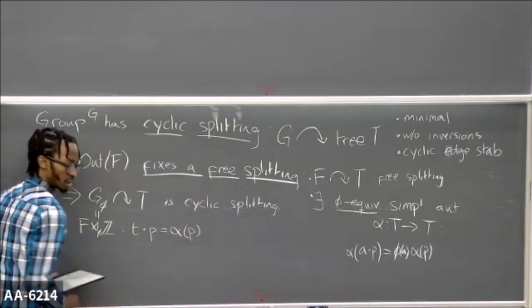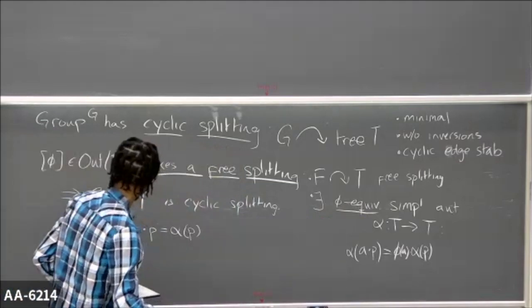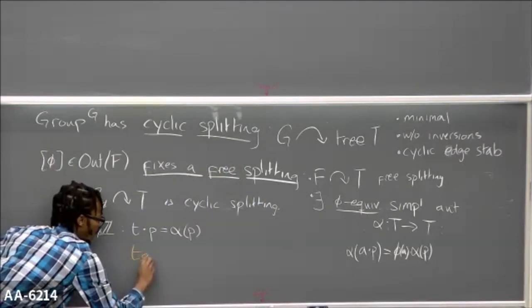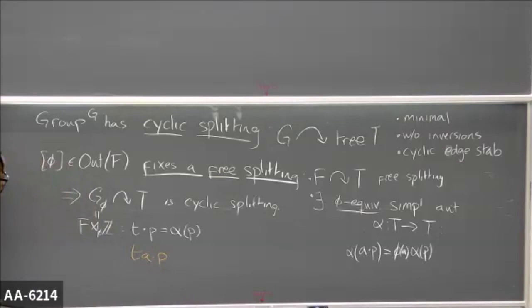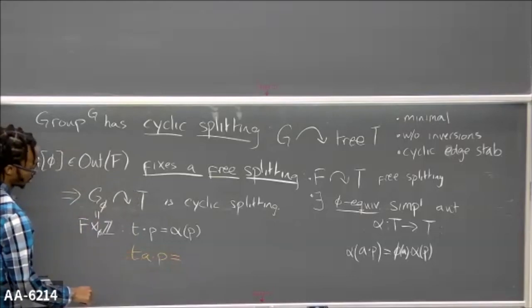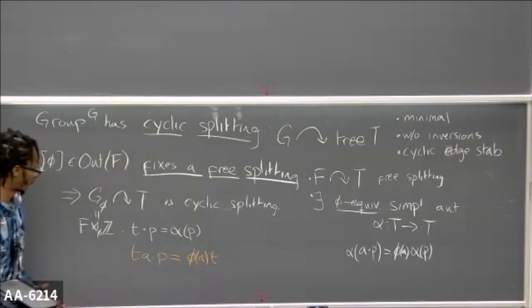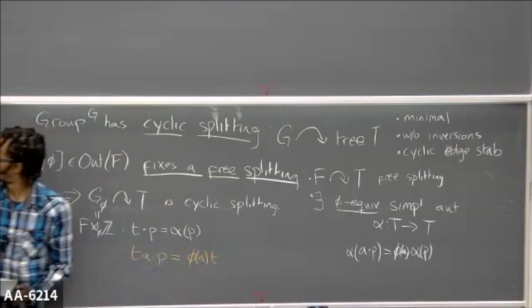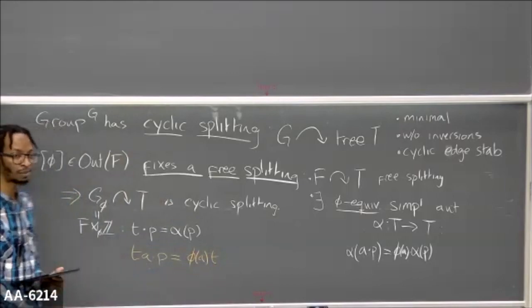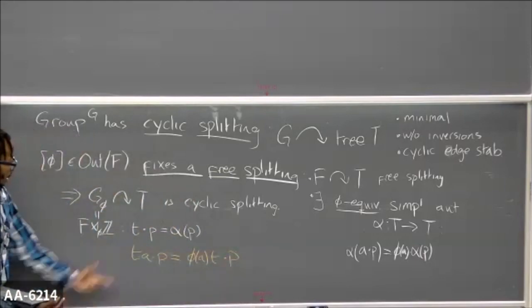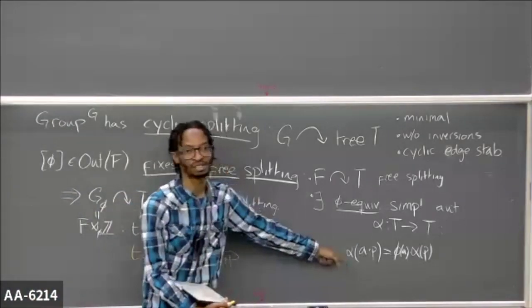So in orange, I'll write, what you want to check is that if you have TA acting on a point P, then if it's actually an action of the semi-direct product, then the relation is TA is the same as phi(A) T. TA equals this, which was my relation defining the free-by-cyclic group. And then I want this to equal that, and it pops out just from this condition over here.